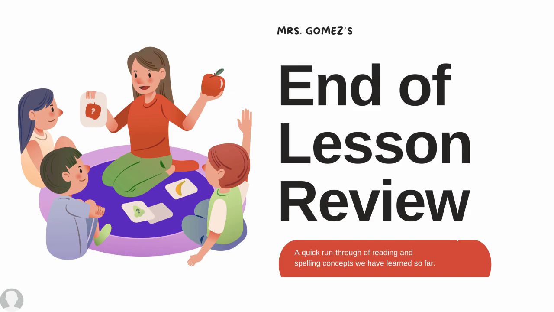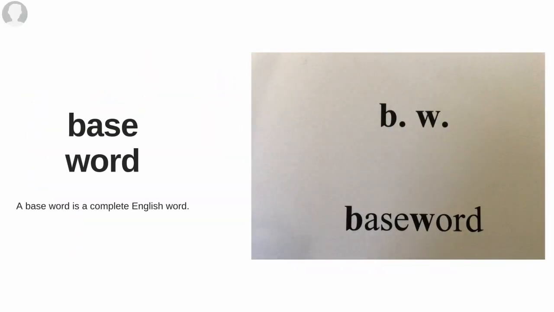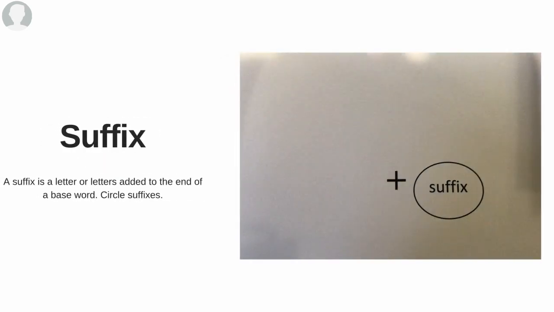Mrs. Gomez's end of lesson review. A quick run through of reading and spelling concepts we have learned so far. Base word. A base word is a complete English word. Suffix. A suffix is a letter or letters added to the end of a base word. Circle suffixes.